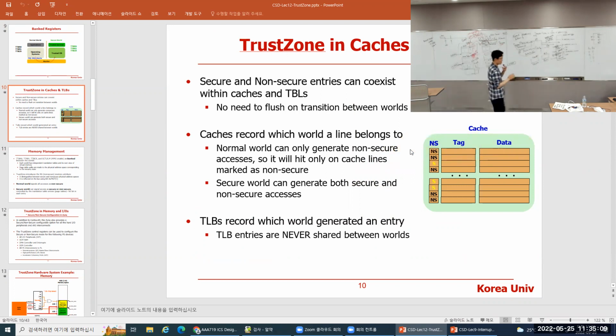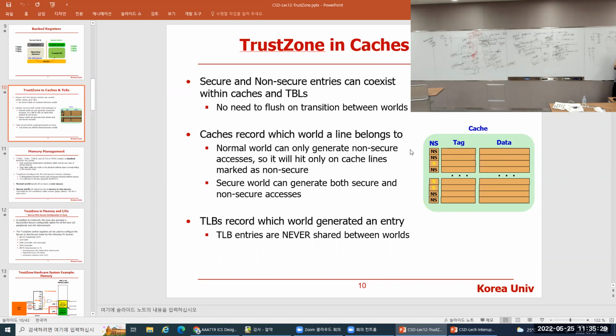If you remember computer architecture class, a typical simple cache structure, a direct map cache for example, has cache entries with tag and data.